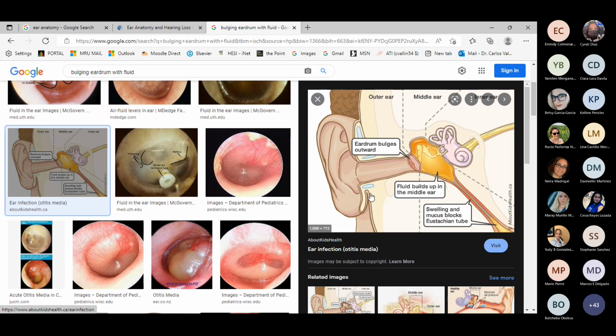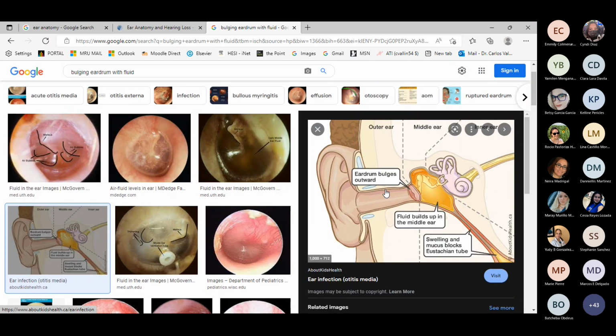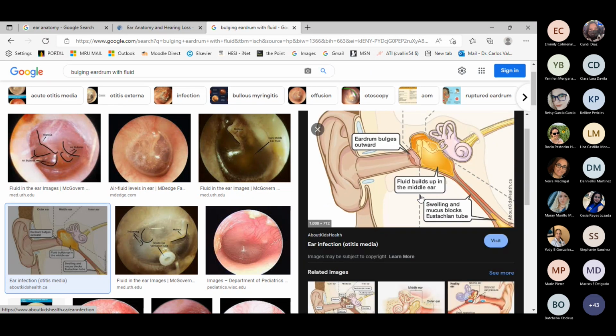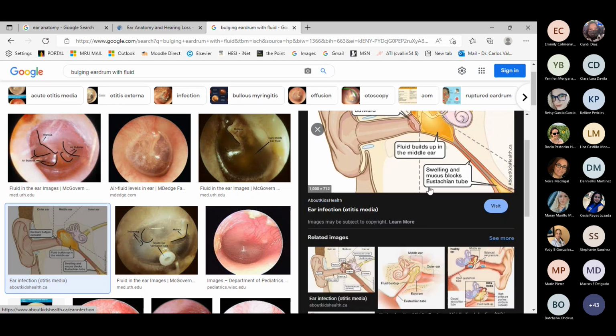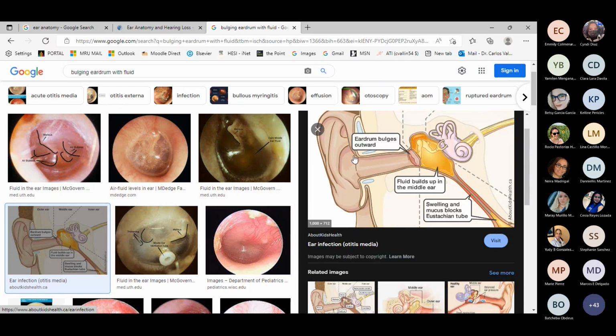So they should be fed in vertical position. And of course, that's the reason for which breastfeeding is protective against otitis media, because you need to breastfeed with the baby in upright position, not totally horizontal. This is another reason for this recurrence.